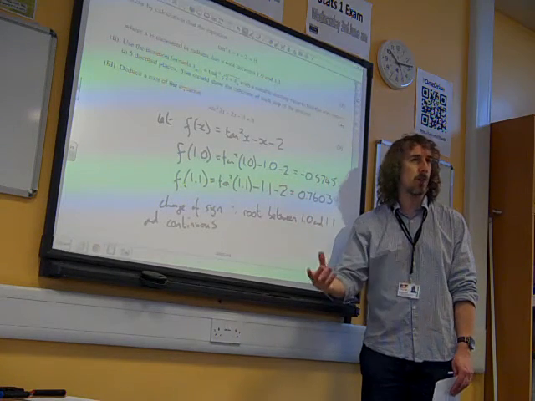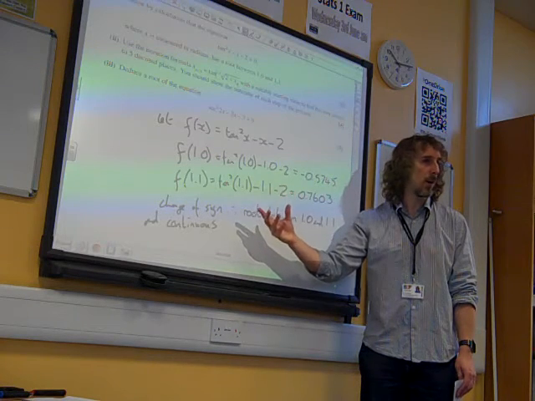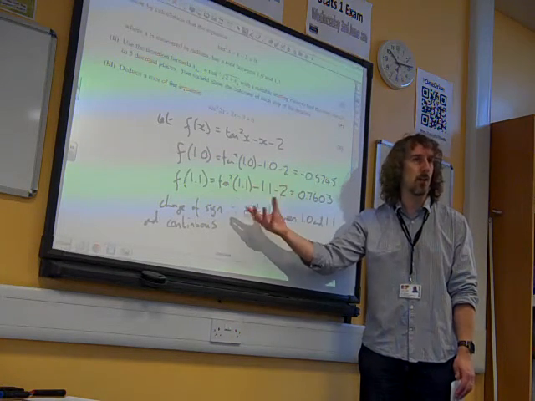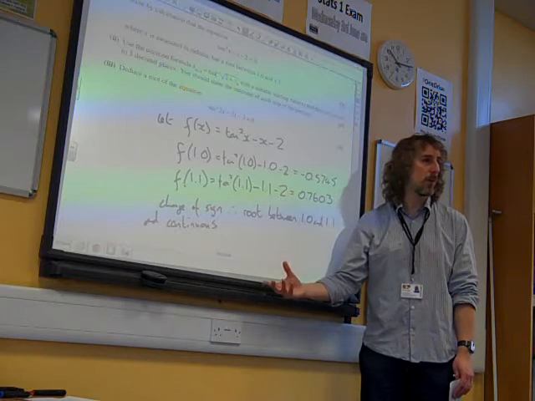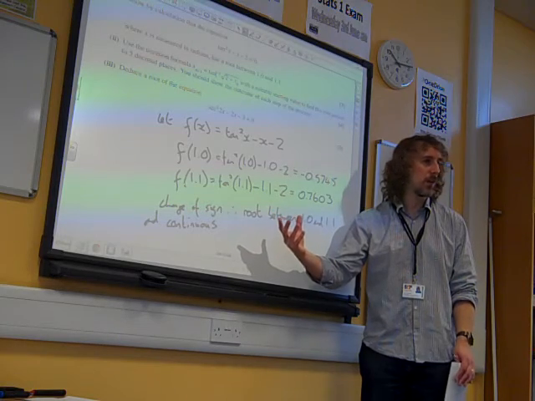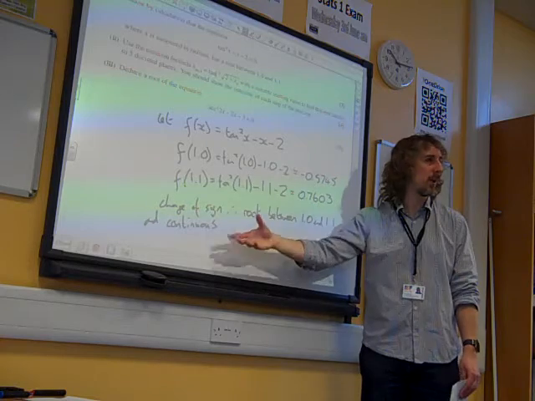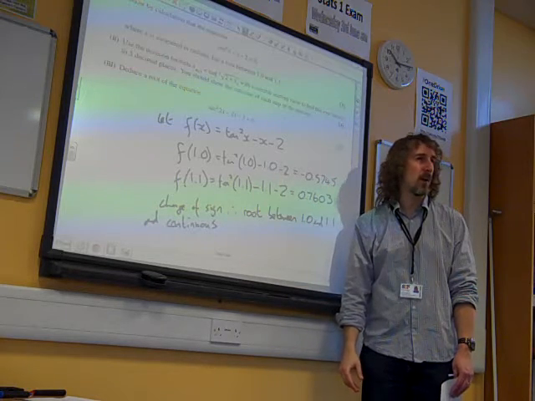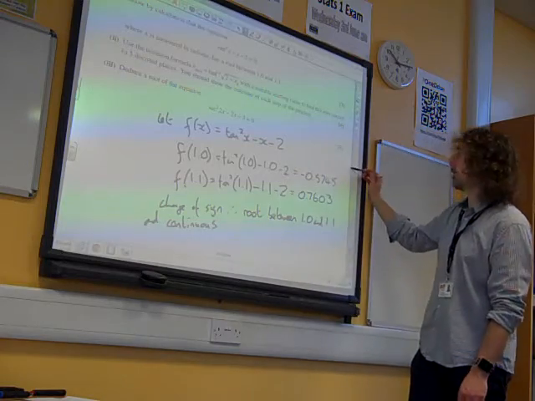Why not take those few extra seconds to make sure that for the person marking it, it's absolutely clear that you know what you're doing? Make it as clear as you possibly can. At the end of 2 years, you don't want to risk losing a mark just because you've rushed it and missed a bit out. Really, really be careful.